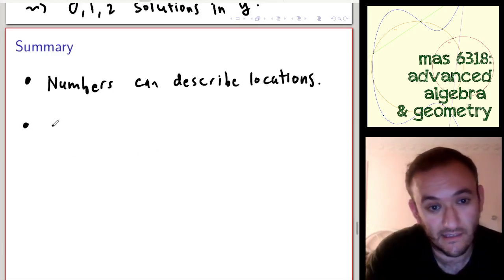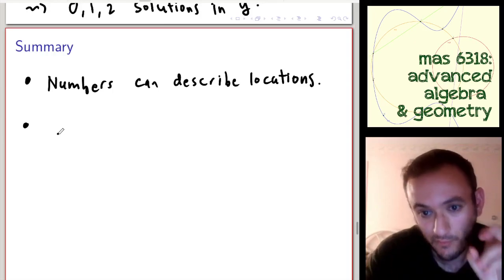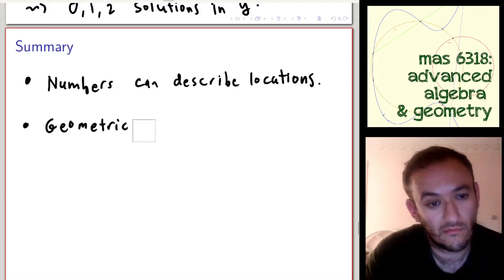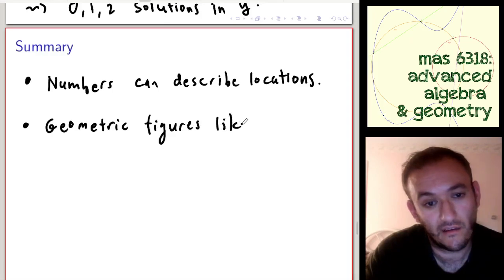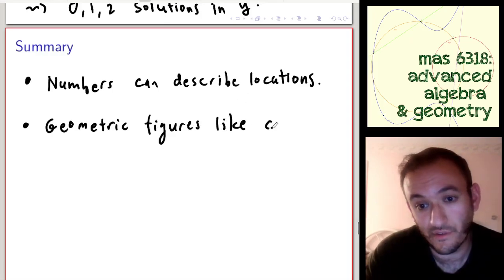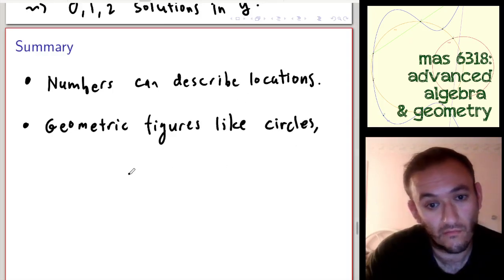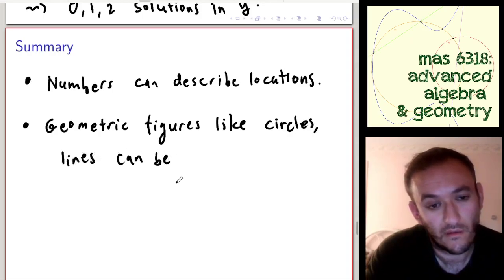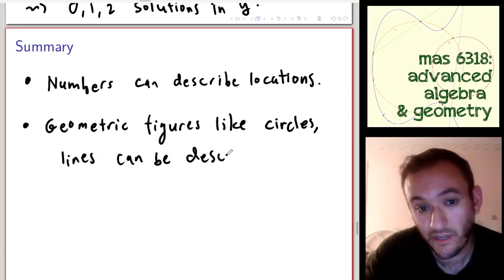The second is that using those number locations, geometric figures like circles or lines can be described by equations.